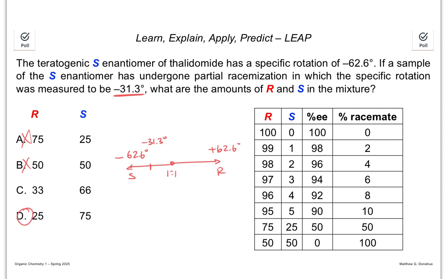So it's going to be D. You can essentially eyeball 31 divided by 62 is 50%. So again, keep in mind the amounts versus the excess are telling you different things. Stated another way, 75 minus 25 gets you 50% EE of the S enantiomer.